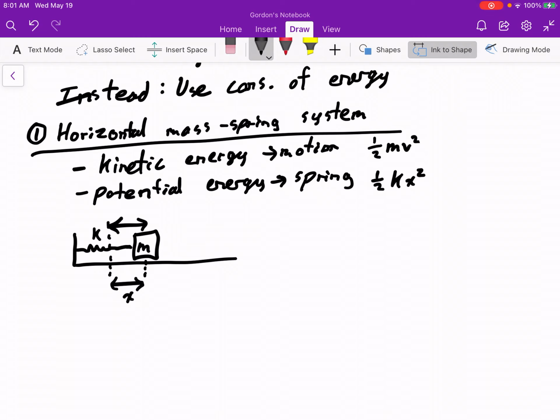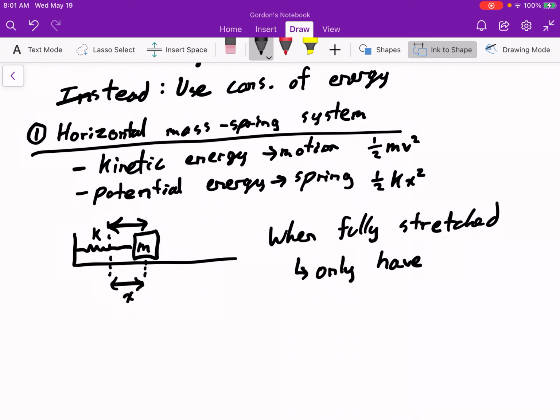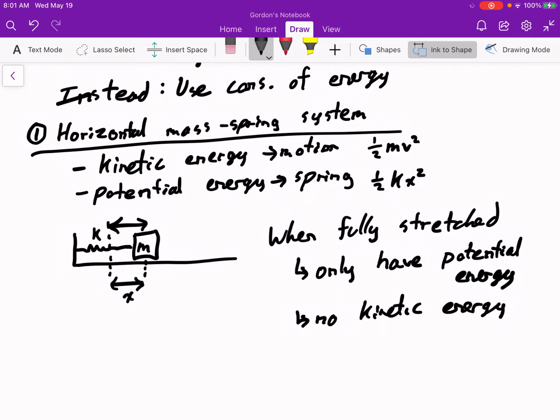When it's fully stretched out, all we're going to have is potential energy. We've stored some energy in the spring, so when the object is fully stretched, we have no kinetic energy. And what does that mean? That means that the velocity of the object is equal to 0 when it is fully stretched out.